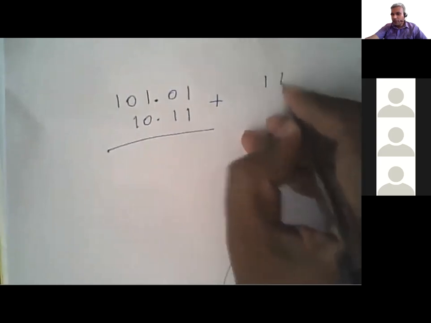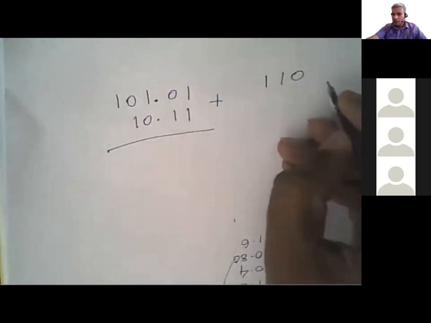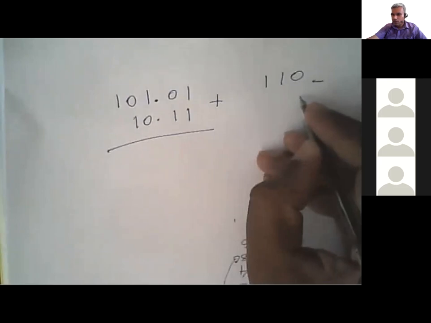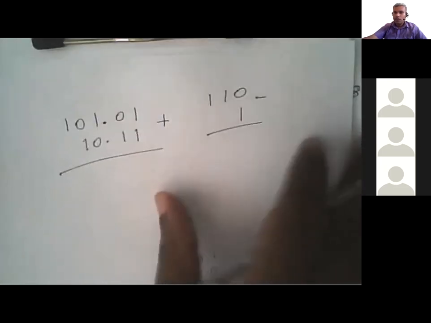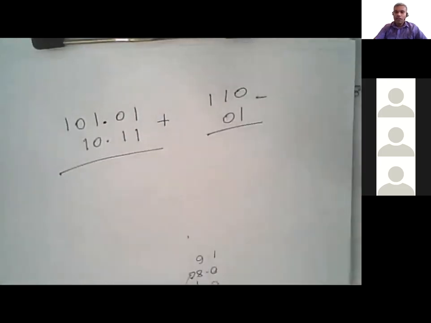What about subtraction? Can you do this particular subtraction? Now remember, in the decimal system, if you don't have enough value in the given decimal place, you have to borrow something from the other side, from the left hand side, and do the subtraction.